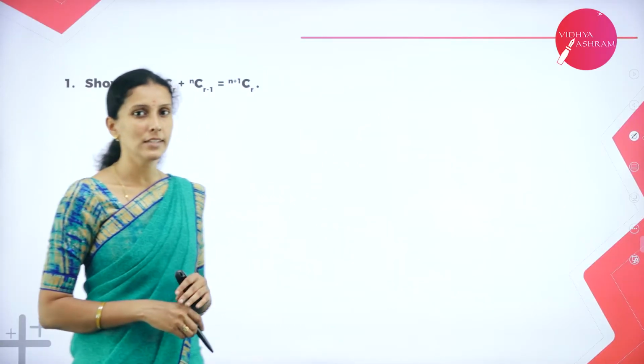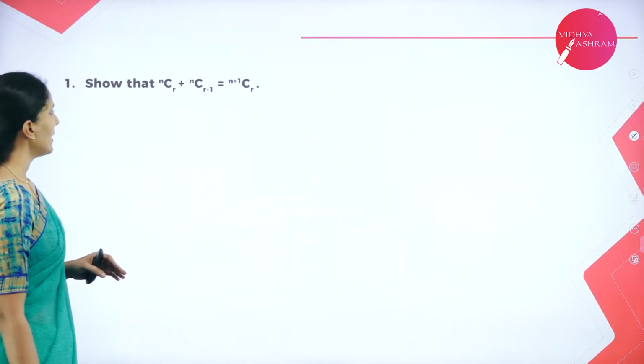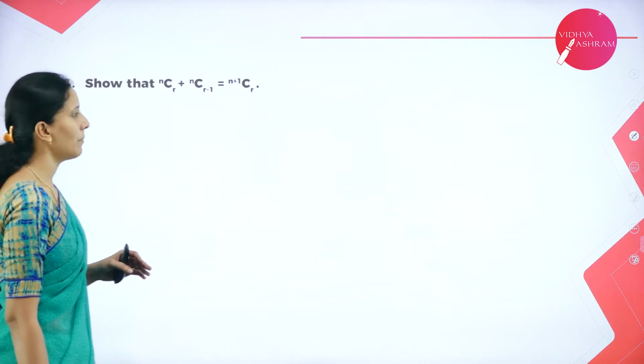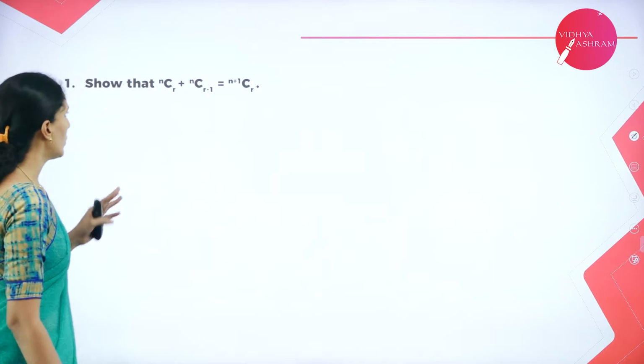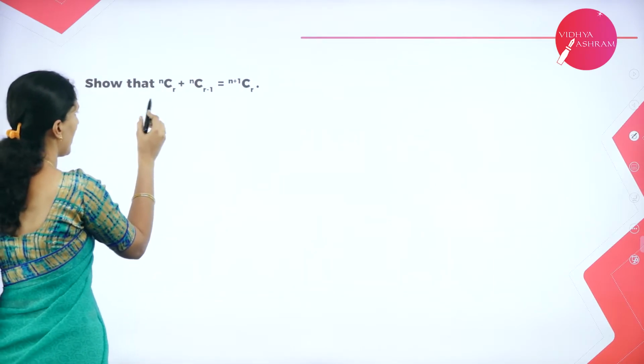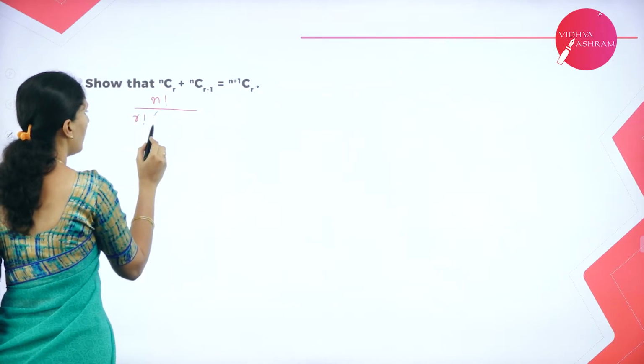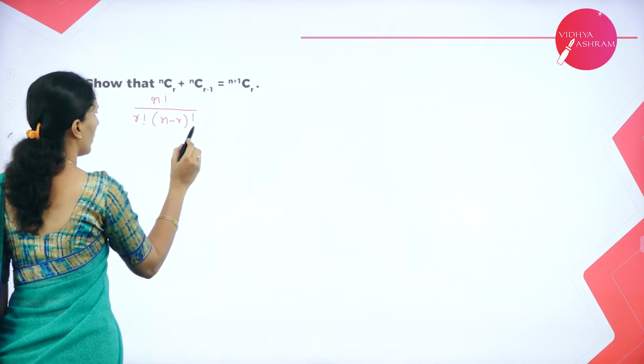Next we come across the statement nCr plus nC(r minus 1) is equal to (n plus 1)Cr. So let's see here, what is nCr? It is n factorial over r factorial, n minus r factorial.